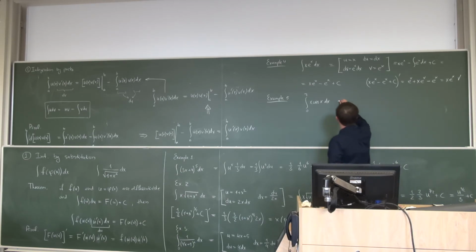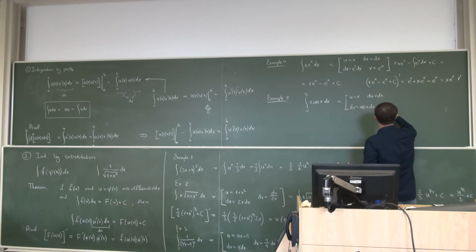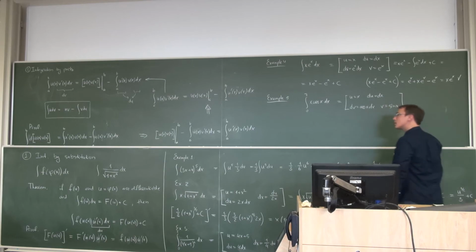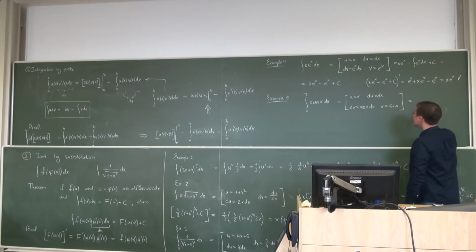So what we say is u is x, du is therefore dx, dv is cosine x dx, v is therefore sine x. We are integrating, therefore no minus.